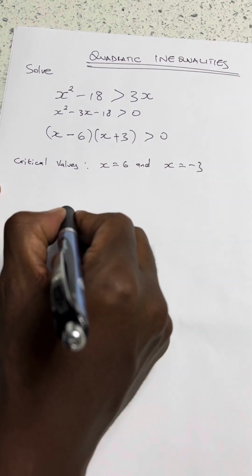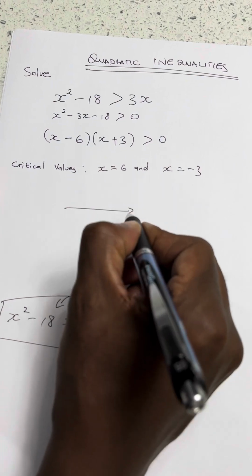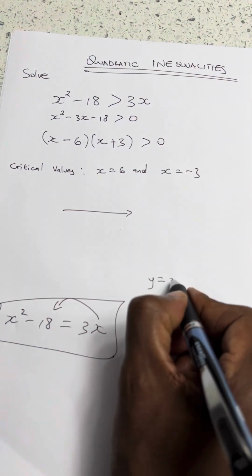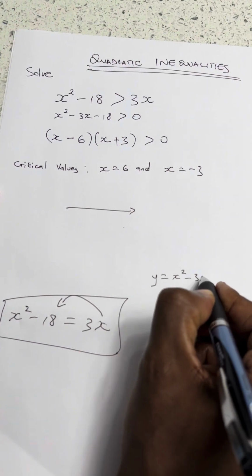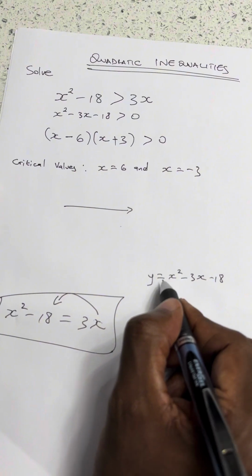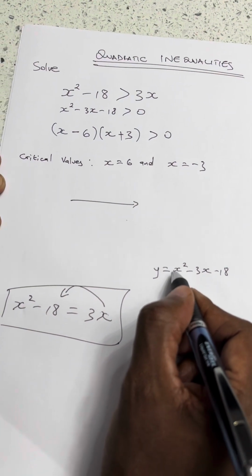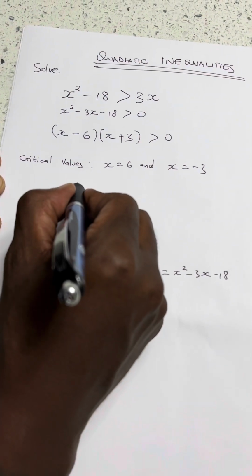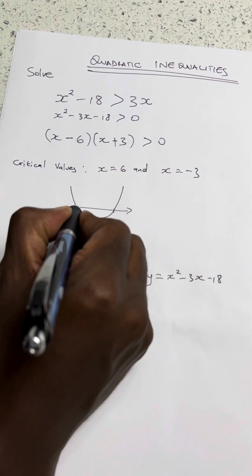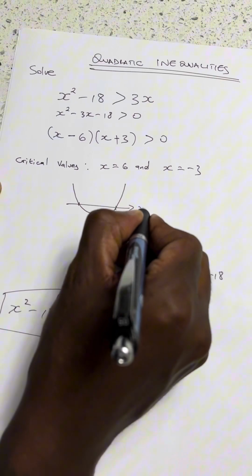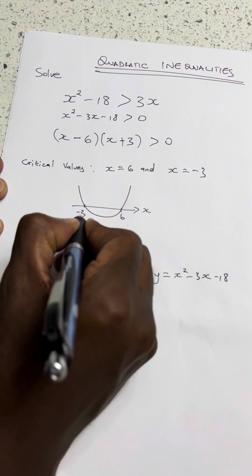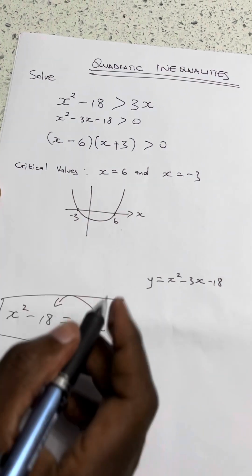Our critical values just mean that if we were to draw the graph of y equals to x squared minus 3x minus 18, it's a smiling face graph, since our x squared coefficient is positive. The critical values mean the graph would touch the x-axis at x equals to 6 and at x equals to negative 3, with the y-axis somewhere in between.